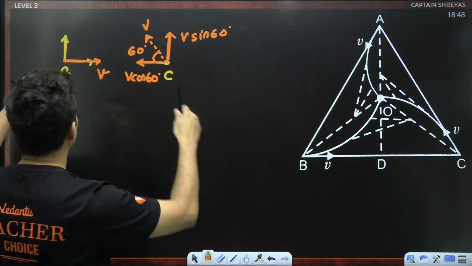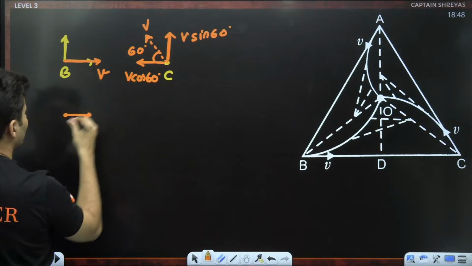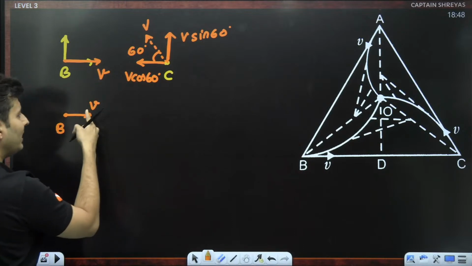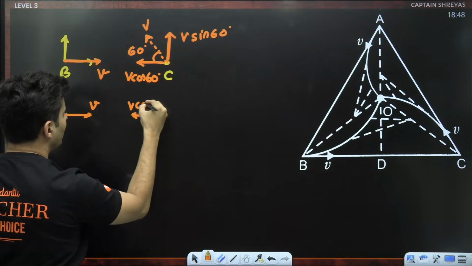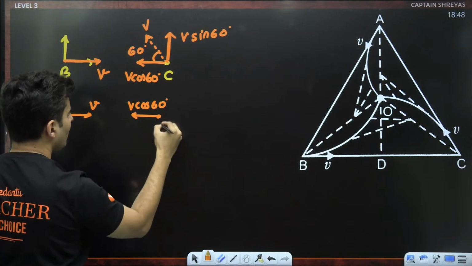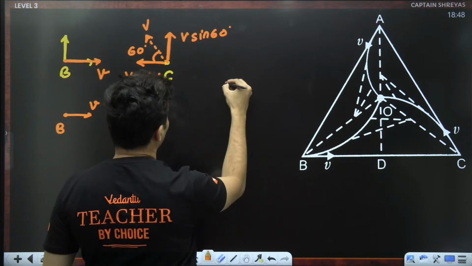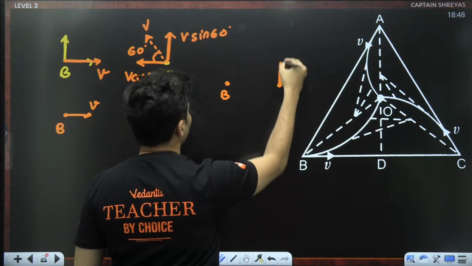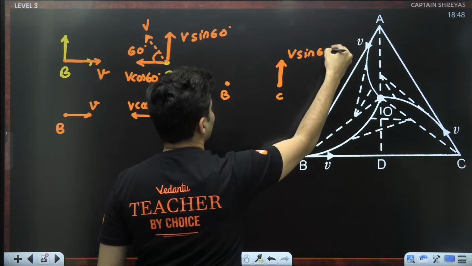Let's see it separately. If you just look at the cos component, basically the horizontal ones, B is going with speed V to the right, and C is going left with a speed of V cos 60. If you consider the vertical component, B does not even have a vertical component. B is at rest. C is just going like this with V sin 60.